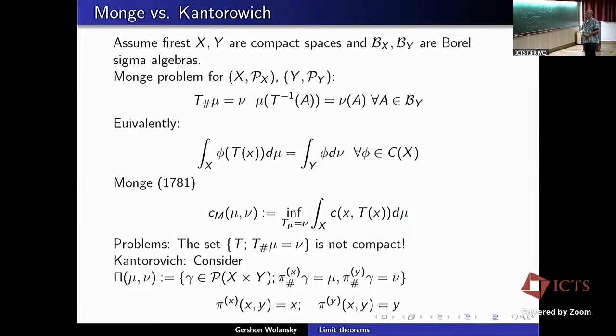So pi x is the projection of x, y on the first component, and pi y is the projection on the second component. By this definition, the push forward of gamma by pi x is the measure mu on the space X, and the push forward of gamma by pi y is the measure nu.